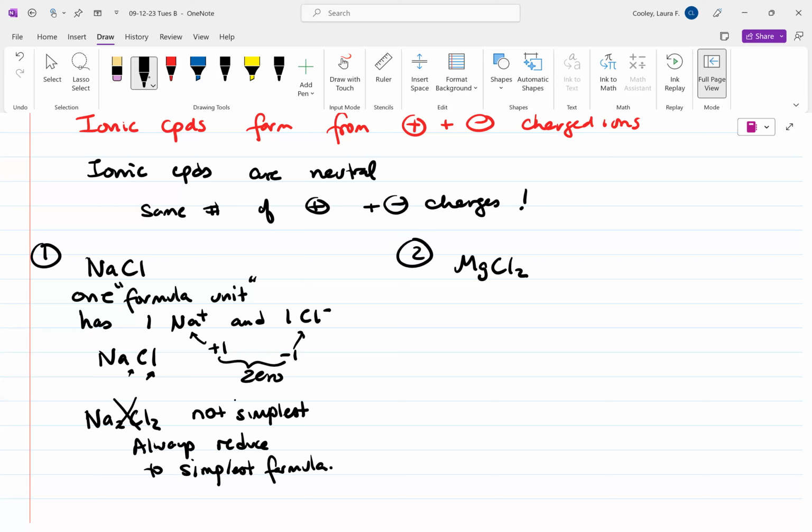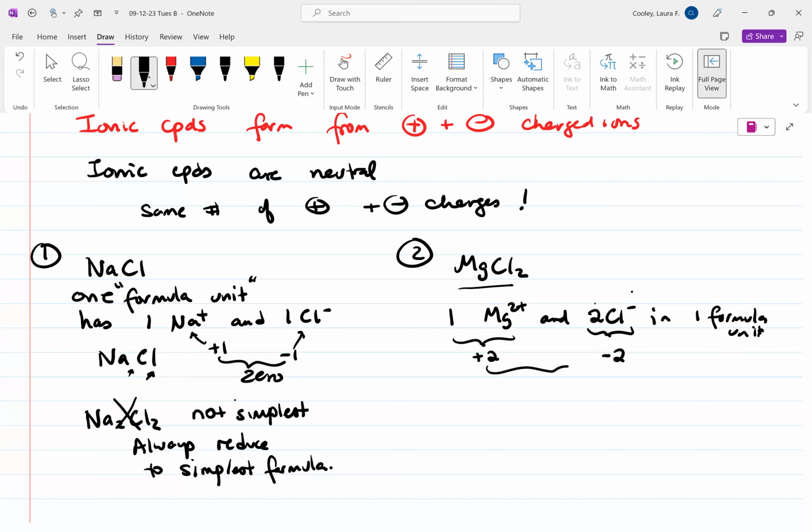For MgCl2, in one formula unit you have one Mg2+ and 2 Cl minus. This provides a charge of +2, and this is -2 because you have two -1 charges, and that again sums to 0.